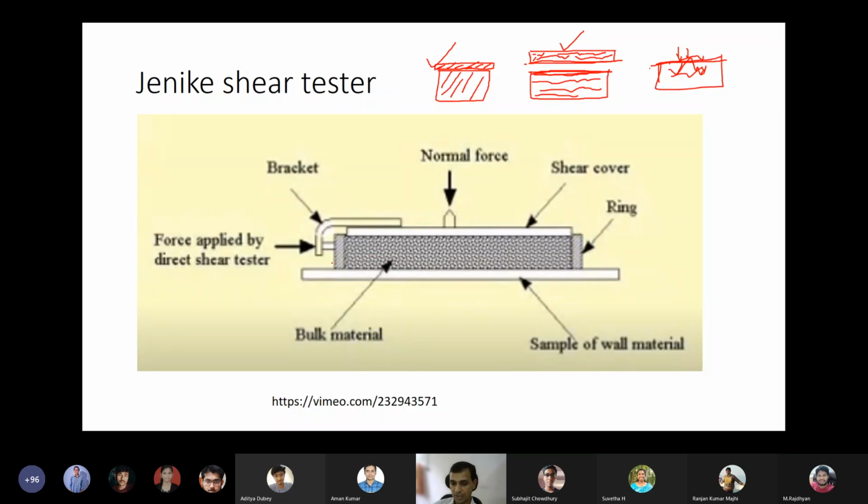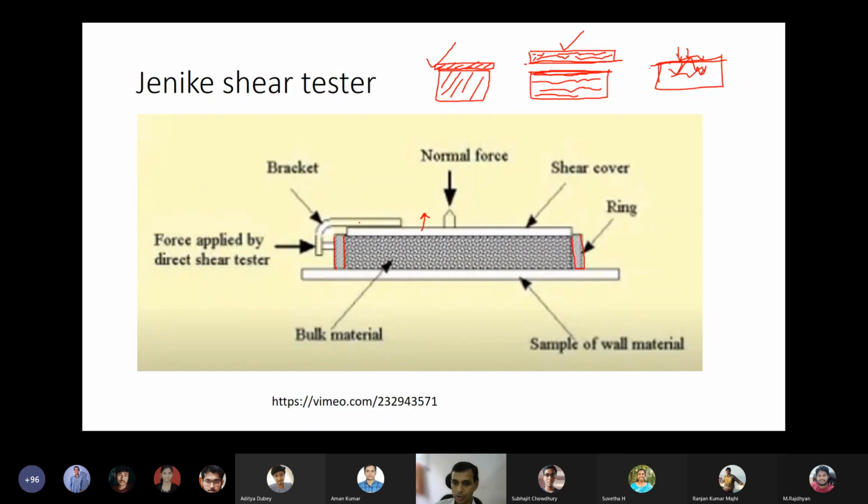So this is the conical shear tester, right? We have a cup. This is the enclosed surface, and here we are filling the powder. Here I have given the example to measure the internal friction between the powder and the silo construction material.